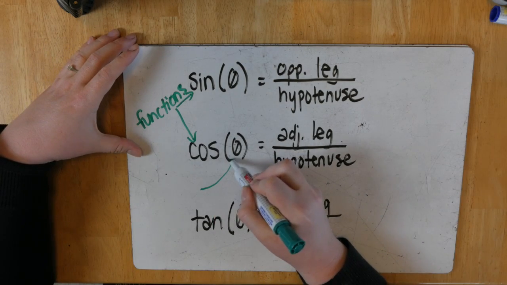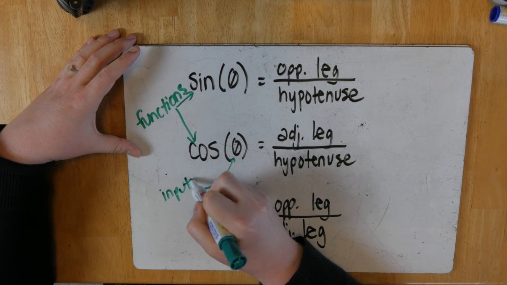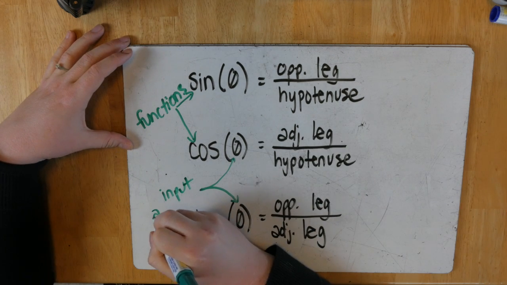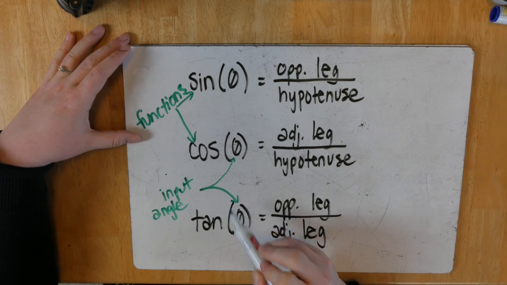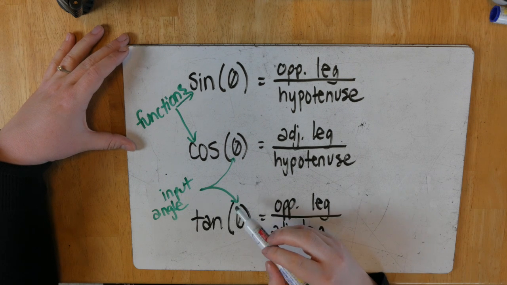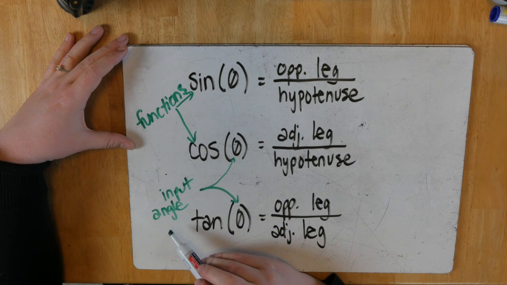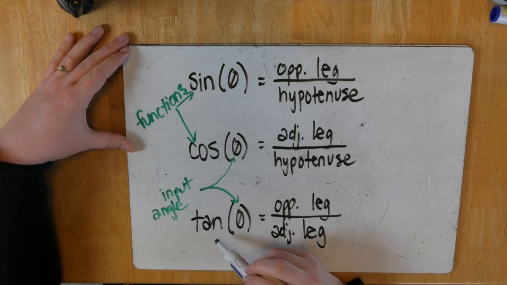The input of a trig function is an angle. So we take angles and we plug them into sine, cosine, or tangent, or any trig function. And those angles may be measured in degrees or they may be measured in radians, but regardless of the unit of measurement, we take angles and input them into trig functions.